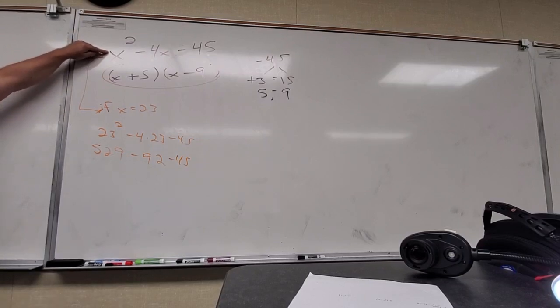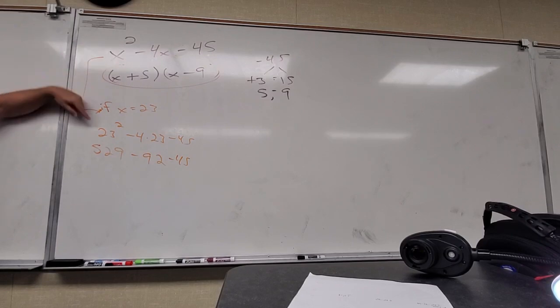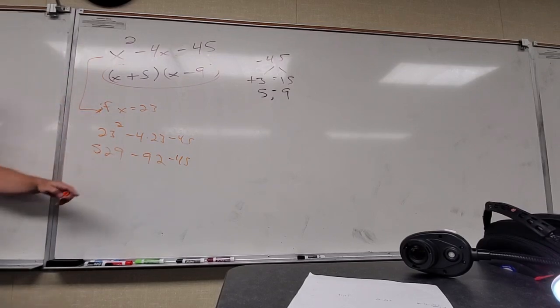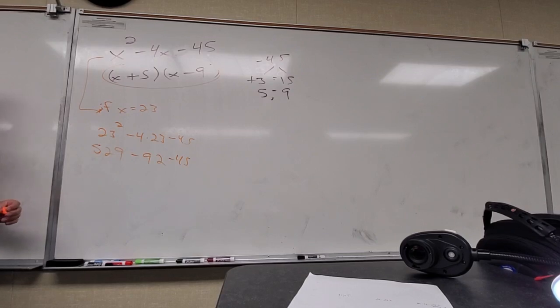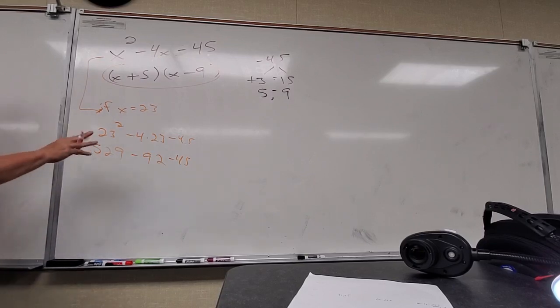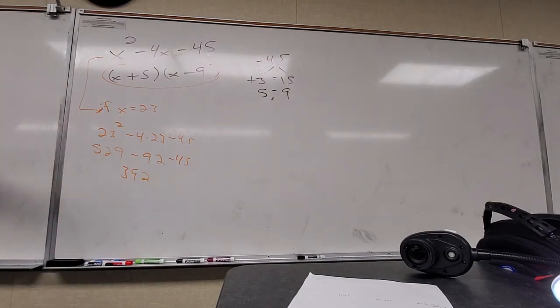X can be anything, so we just made it 23. I could have made it anything. If I put a 23 in, I get whatever that is. 392. Okay.